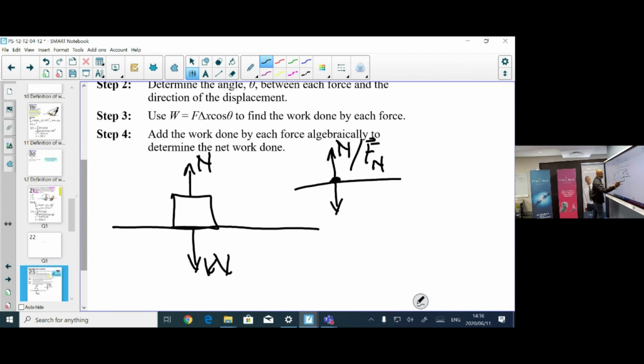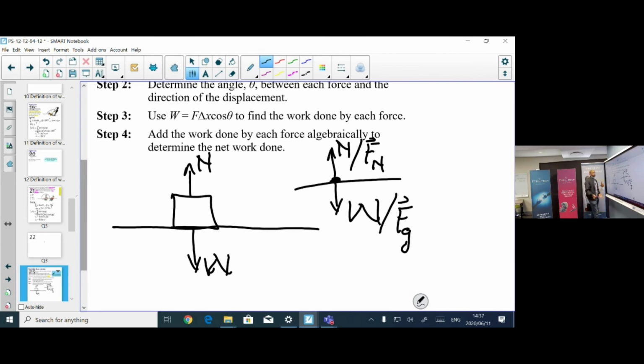When it comes to weight, you can use W for weight, or you can say it is Fg, that is the gravitational force. Don't forget, we have different authors, different textbooks.